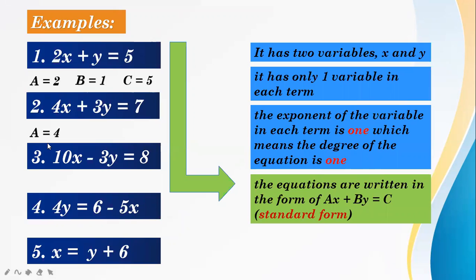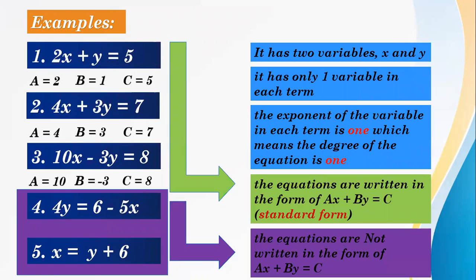Number 2, a is 4, b is 3, c is 7. And number 3, the coefficient of x is 10, the coefficient of y is negative 3, so you copy the sign, and the constant c equals 8.